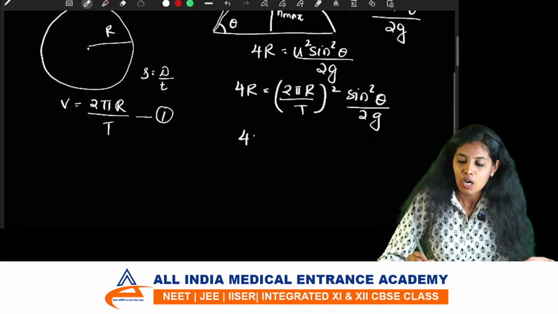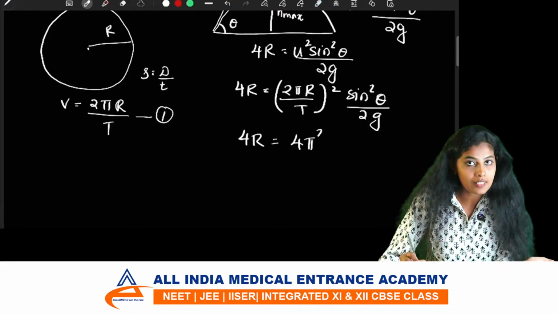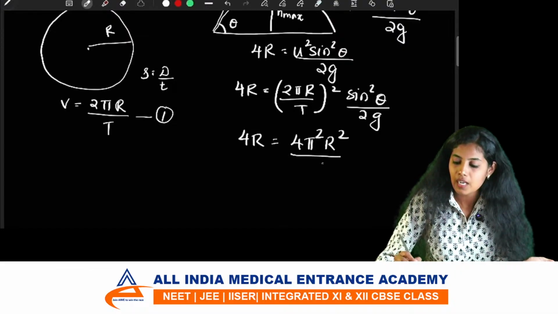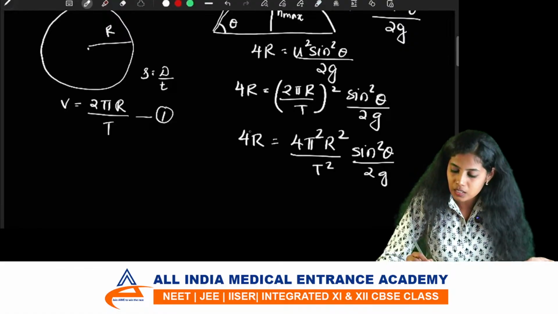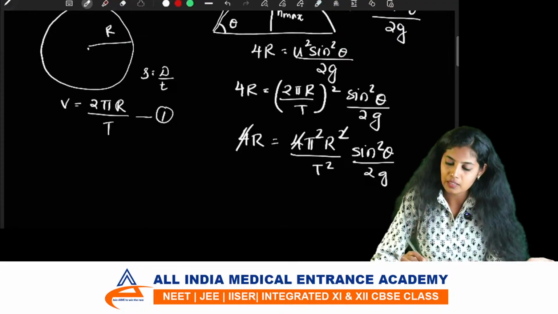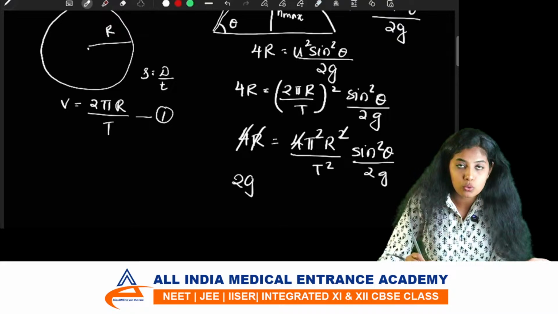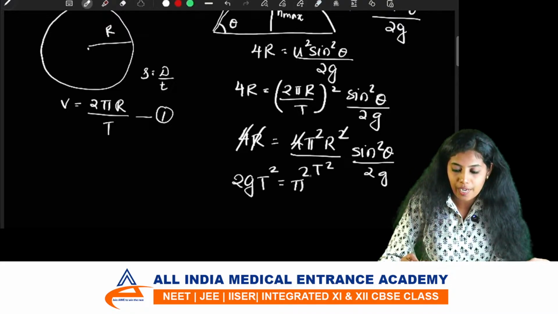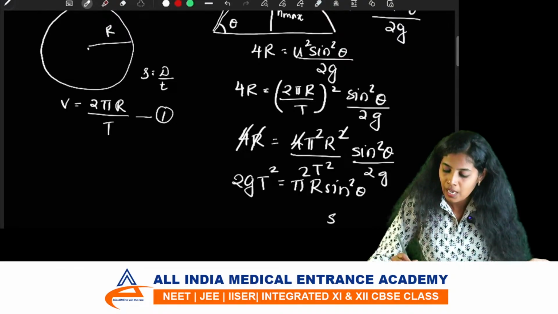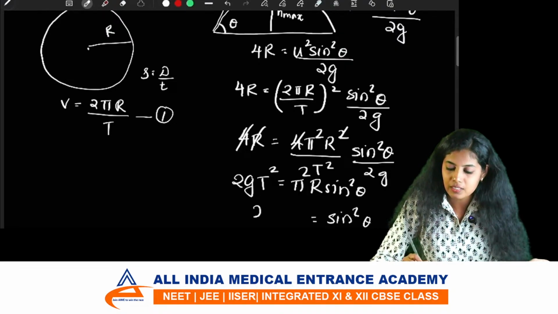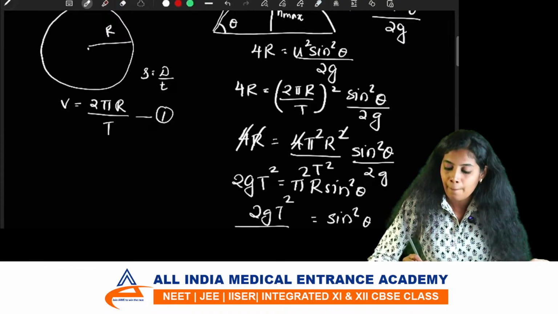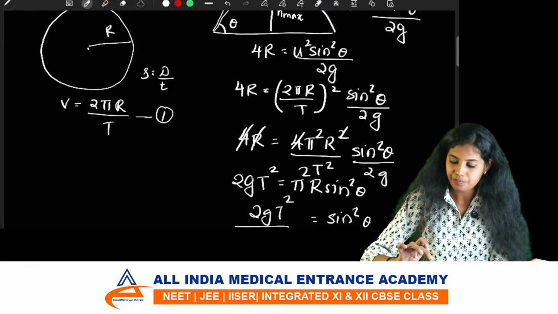So that will be 4r is equal to 4 pi square r square by t square, sine square theta by 2g. This 4 will be cancelled out and one r will be cancelled out. And then we can write this equation as 2g t square is equal to 5 pi square r sine square theta.